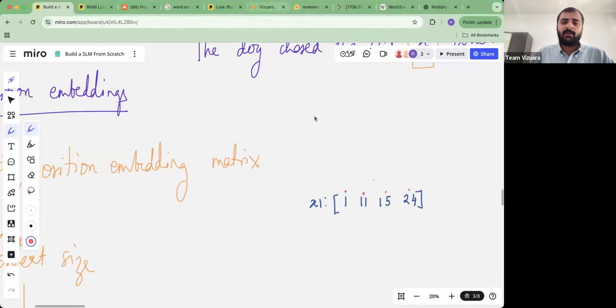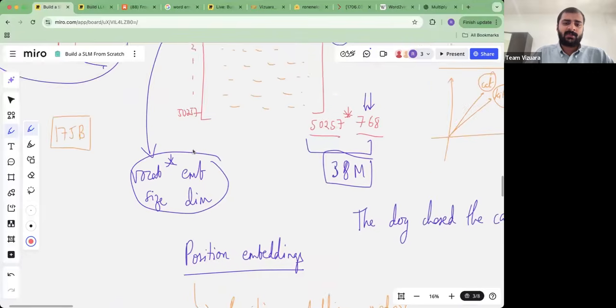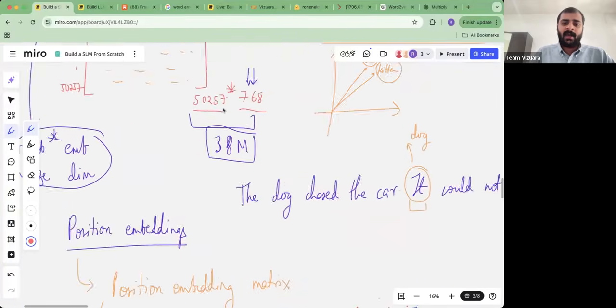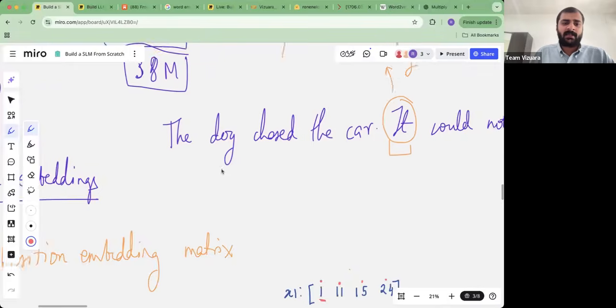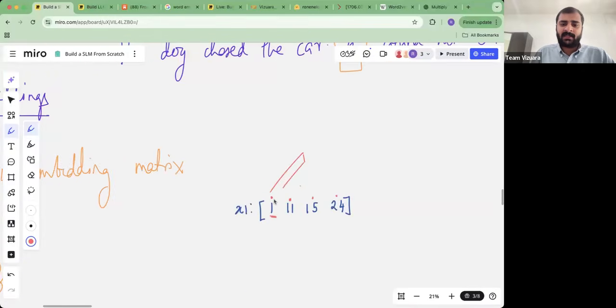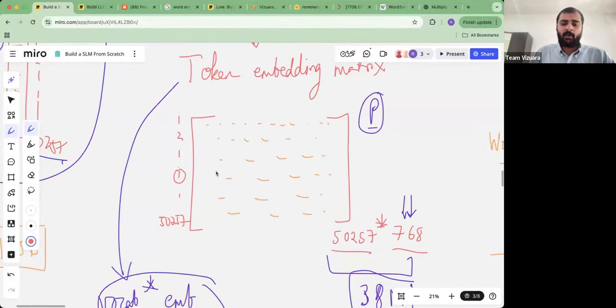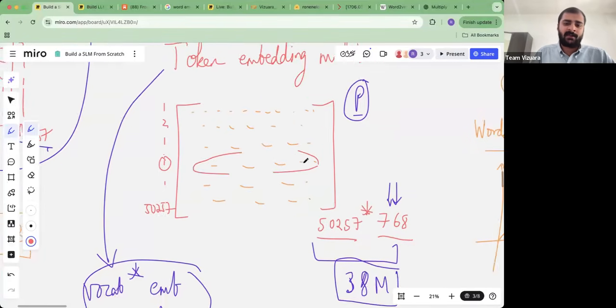The way to do that is you look at the token embedding matrix, which I just saw over here. Here it's 1, right? So I look at the first row and I get a 768 dimensional representation for this. Then the second token ID is number 11, so I look at row number 11 and get the 768 dimensional vector.